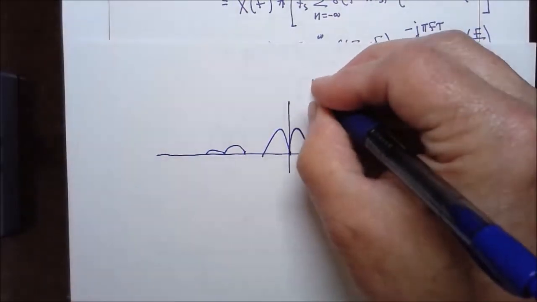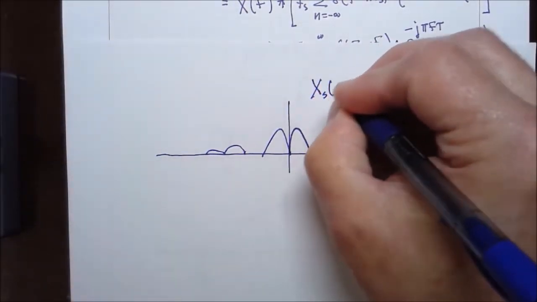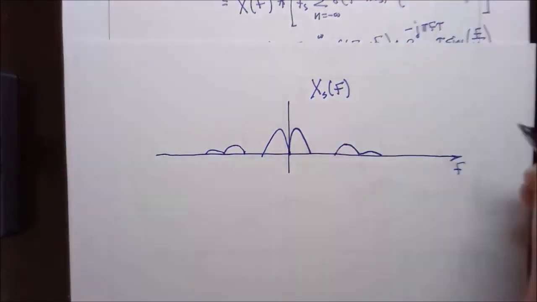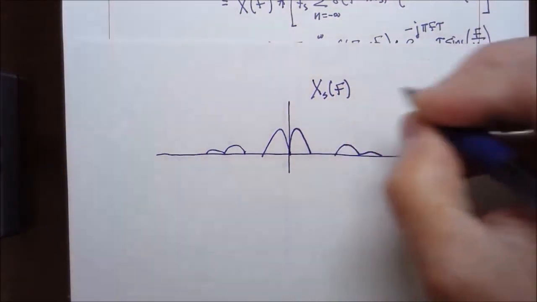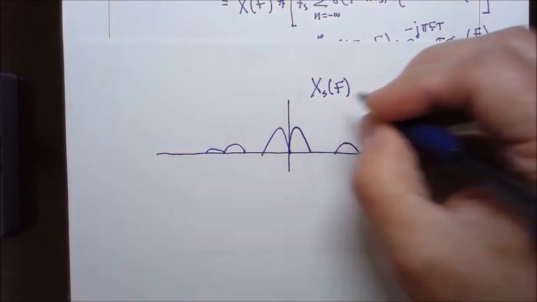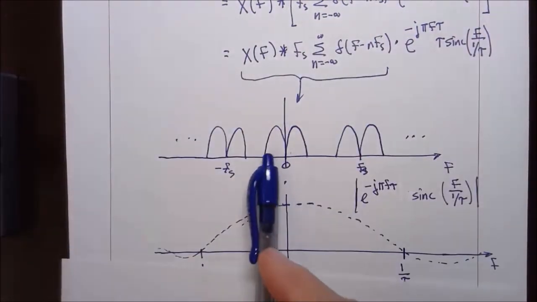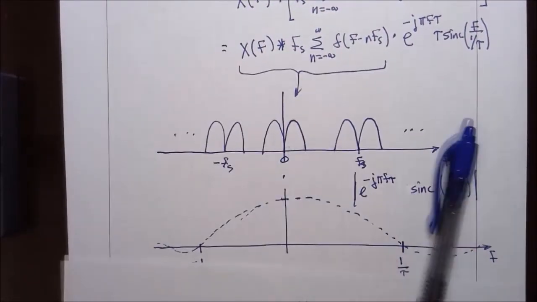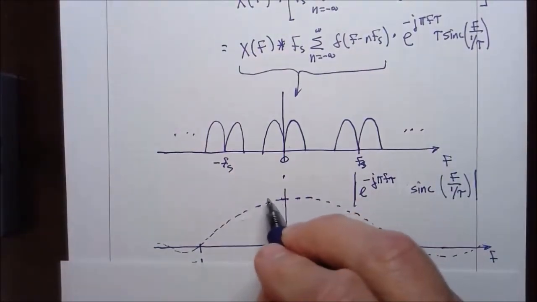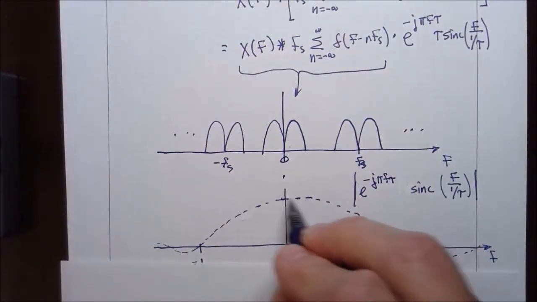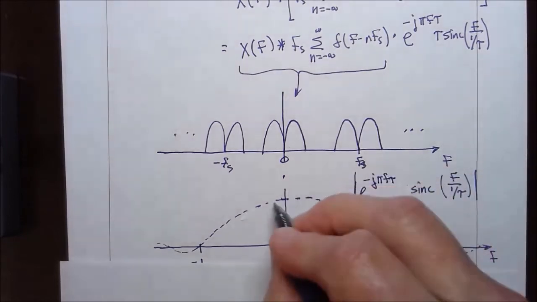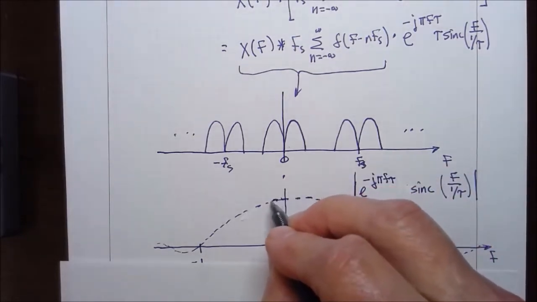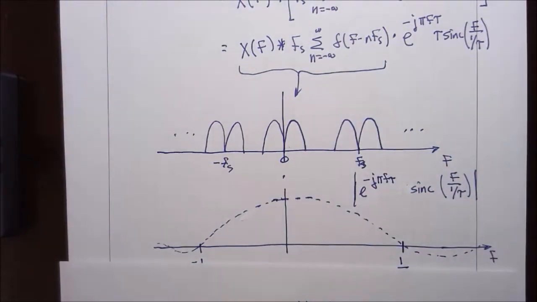This is capital X sub S of f for the flat top sampling. This center copy is multiplied by a relatively flat region, but it does drop off a little bit toward the edges.